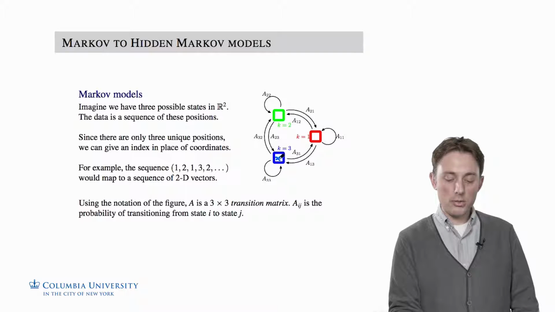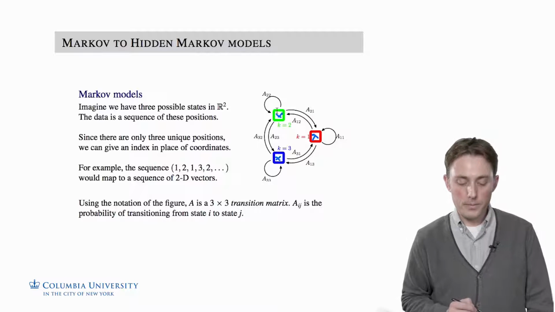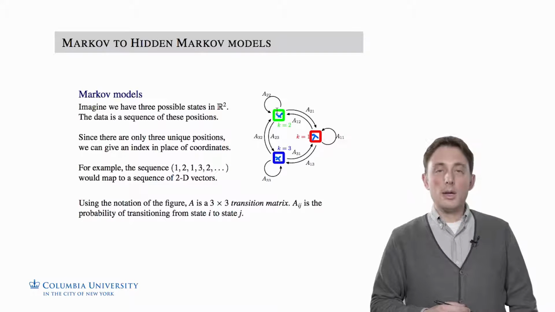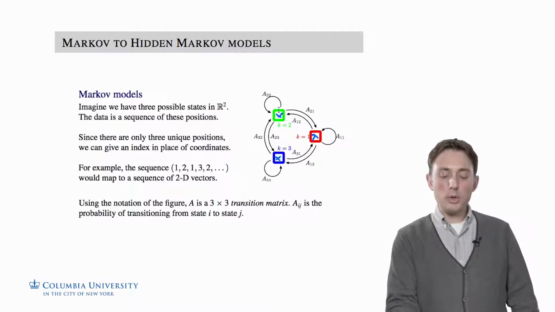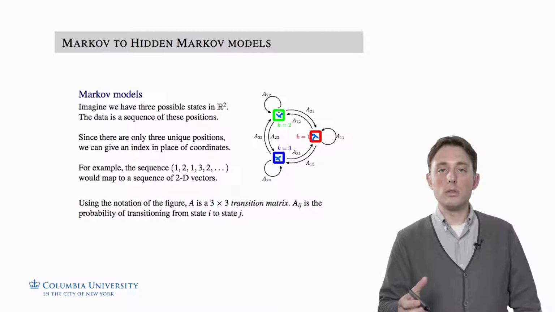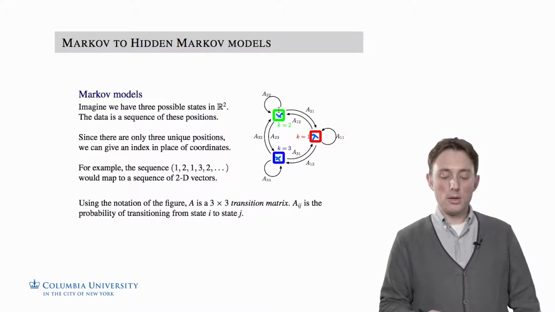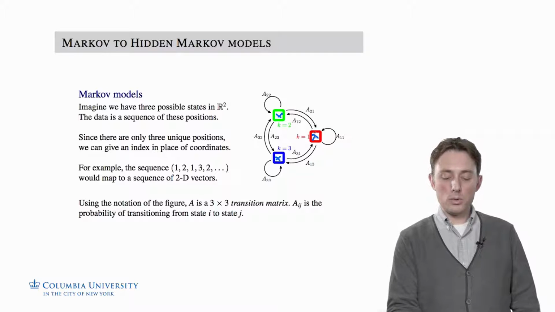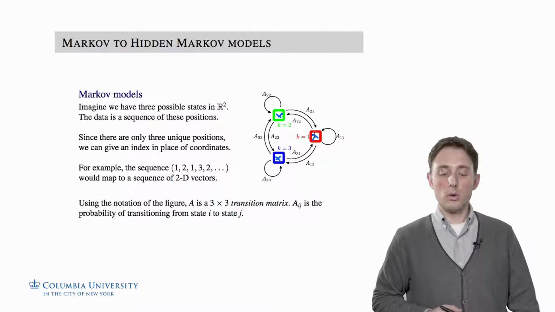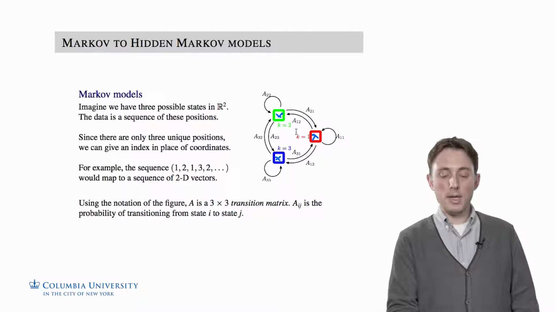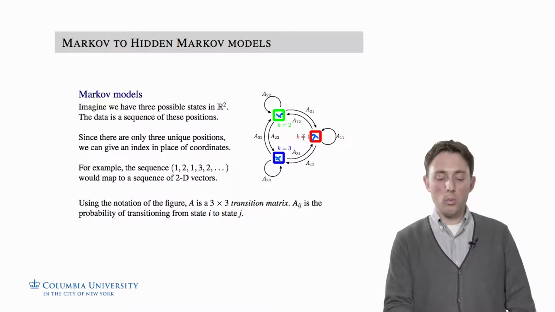So it's a 2-dimensional vector that represents the third state, a 2-dimensional vector that represents the first state, and a 2-dimensional vector that represents the second state. Since we have only 3 unique positions that we could transition between, we simply index them. We don't give the 2-dimensional vector corresponding to the first state. We give the index of the first state, 1.